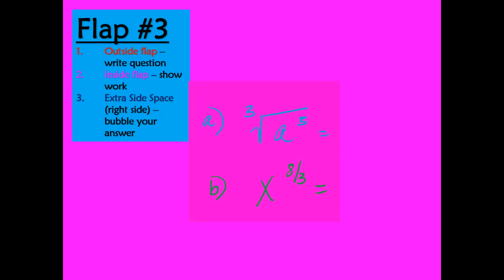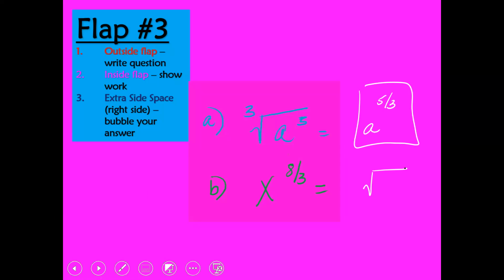Let's take a look at number 3. For number 3, you're going to be rewriting this from exponential to radical form, which we learned yesterday, Thursday. With the first one, your question is a to the 5/3. And with this one, you're going to put it into radical form, from exponential form to radical form.